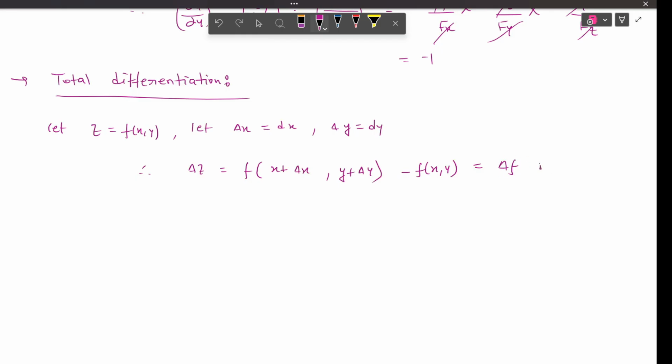This delta f is called the increment of the function z equals f of x y.